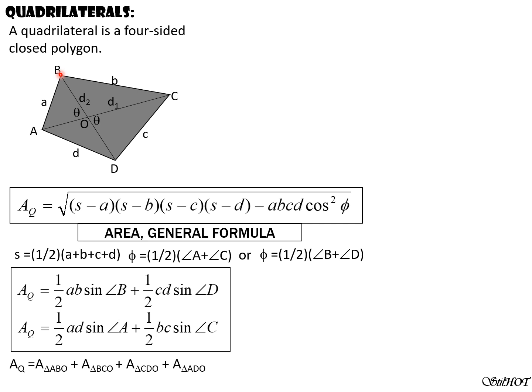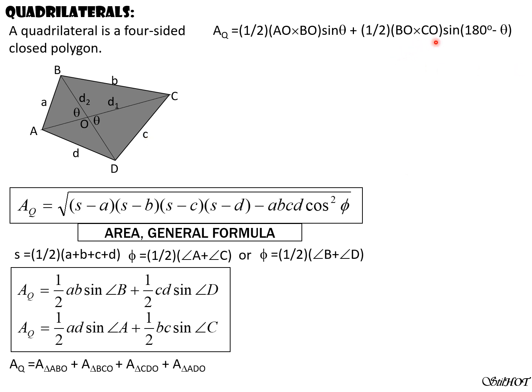Area of triangle ABO is 1/2 BO times AO times sine of theta. Then the area of triangle BCO is 1/2 of BO CO times sine of 180 degrees minus theta.